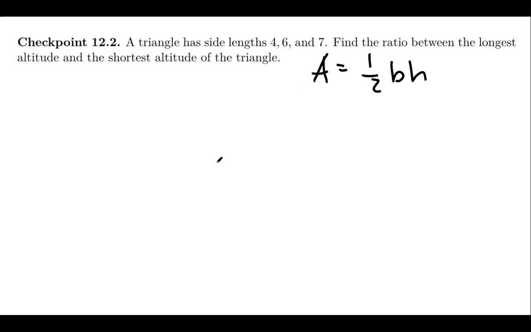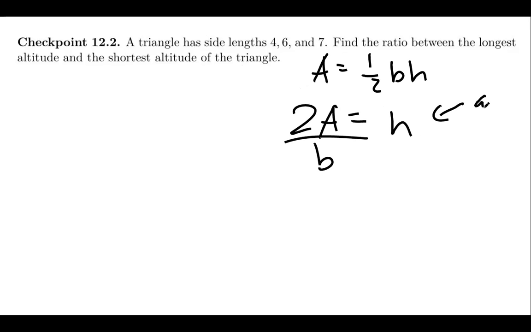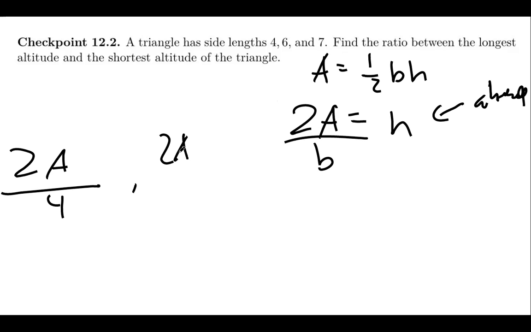Okay, let's talk about it now. So we have 2a over b equals h. And remember that h is the altitude. So to get all the altitudes, we just divide 2a by the bases, which are the side lengths: 2a over 4, 2a over 6, 2a over 7.